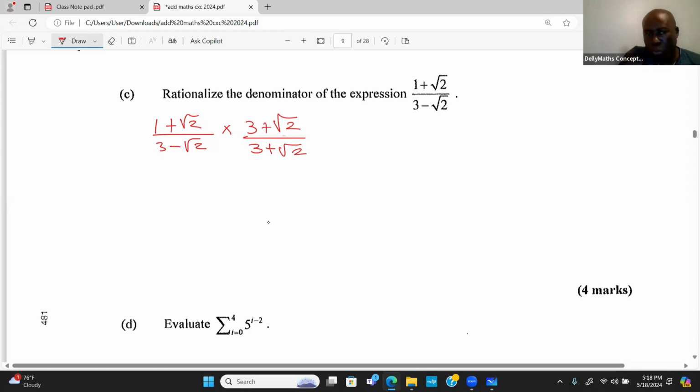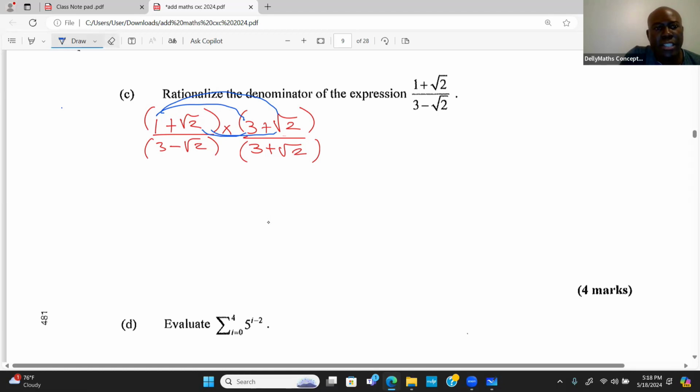And what's going to happen here, we're going to do multiplication. As you can see, this will multiply by this, and this will multiply by that. So let us take a look. Quickly, I'm just going to point some arrows. So I'm going to have 1 times 3, then 1 times that. So we're going to do regular multiplication, and then root 2 times 3, root 2 times root 2.